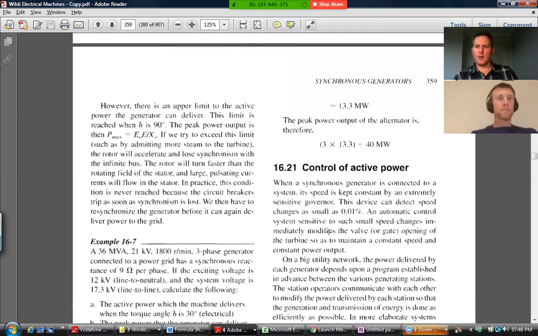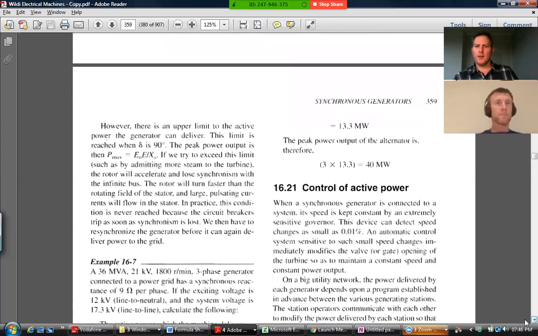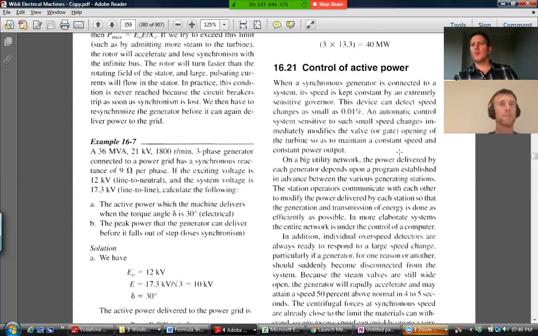This control of active power, they don't go into any detail here about how you would control these things, but I'm sure you know the stories with governors. You dealt with governors? Yeah. Okay.